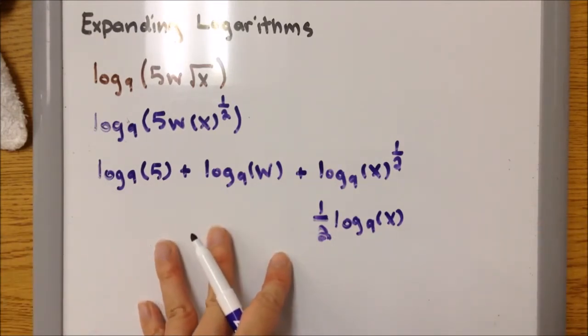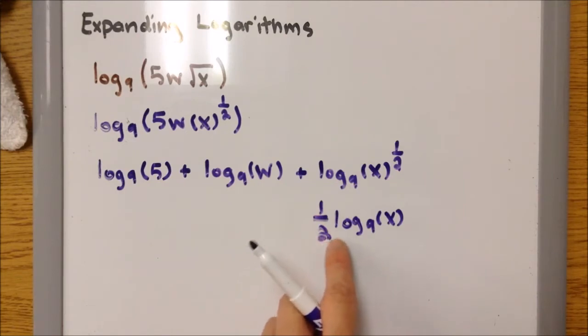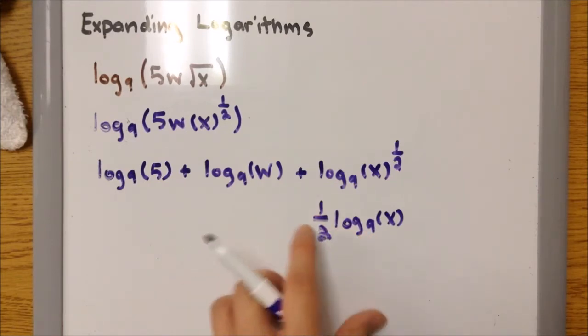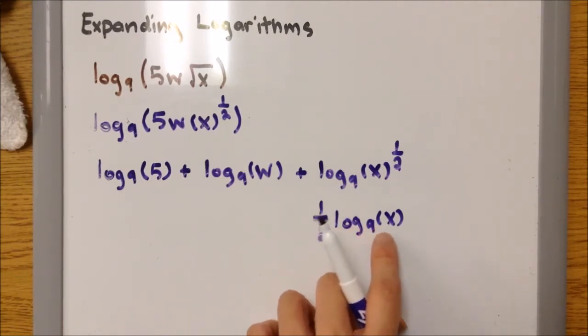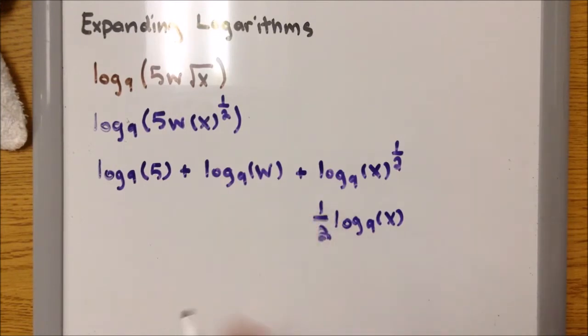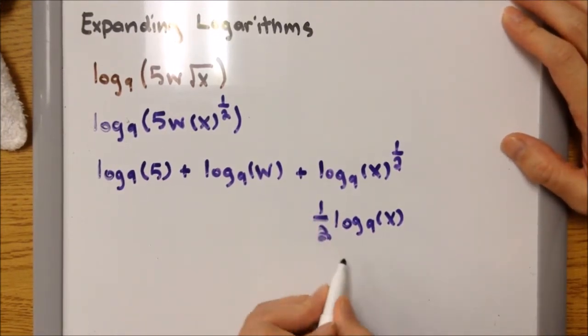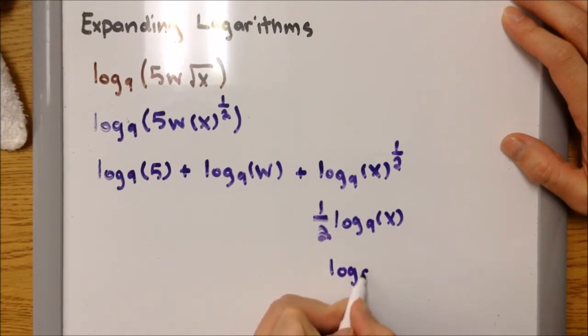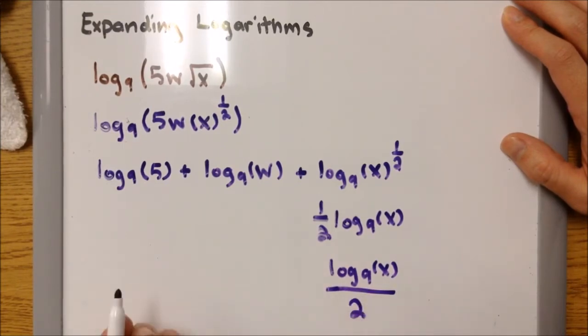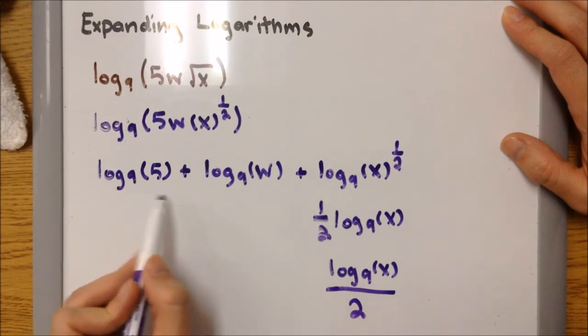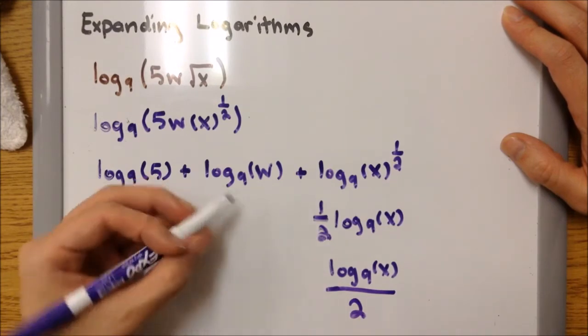What I can do is multiply 1/2 to log base 9 of x. So I'm just going to multiply the log base 9 of x to the numerator. On the top, I'm going to have log base 9 of x over 2. And then, since I didn't do anything to the first 2 logs, I'm just going to bring them down.